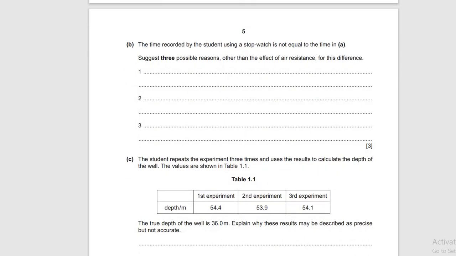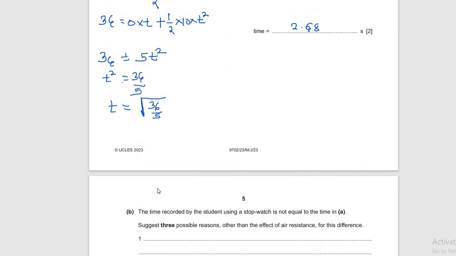The second question: the time recorded by the student, from releasing the stone from the ground to hitting the surface of the water using a stopwatch, is not equal to the time in part A. Mathematically, what we got in the first question was 2.68.